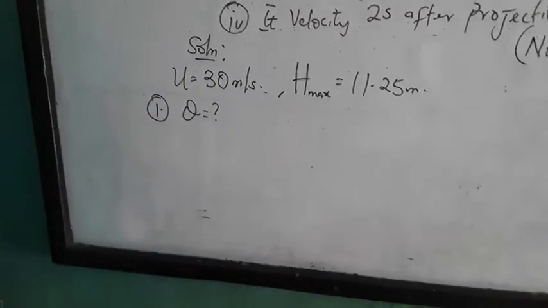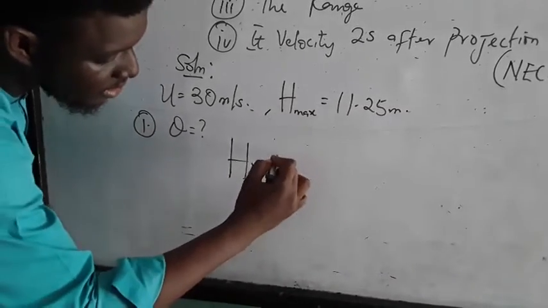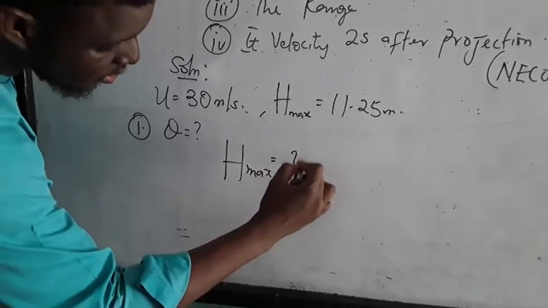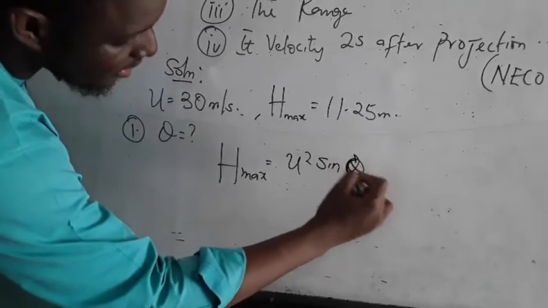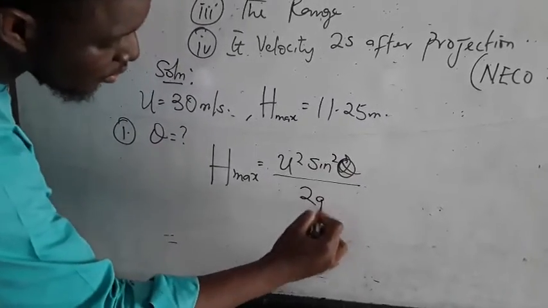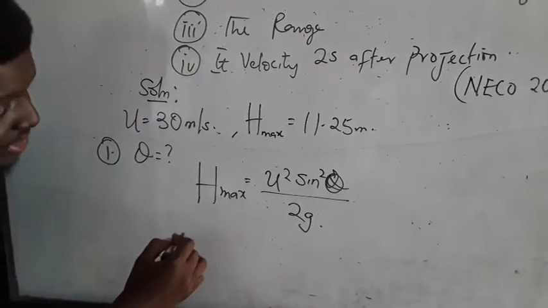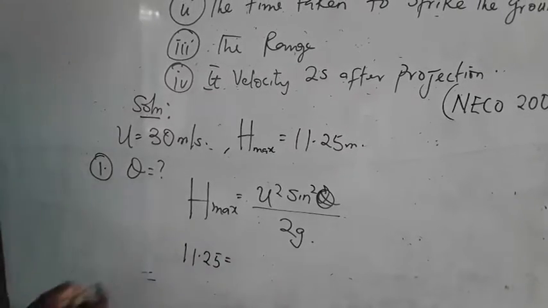So now we know that our maximum height is equal to u squared sine squared theta over 2g. So our maximum height is given as 11.25 equals to what?